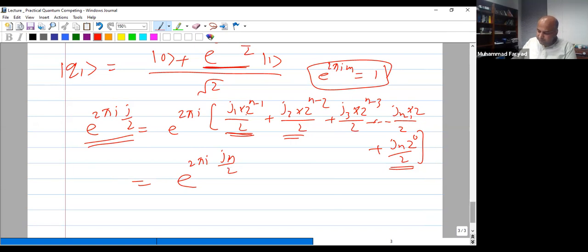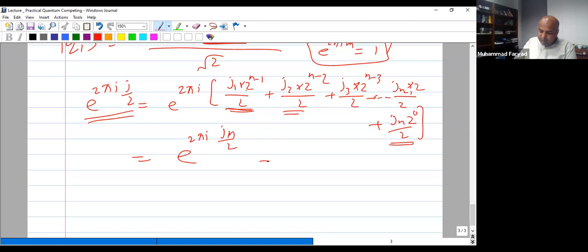And this, by the way, will be equal to 0 if jn is equal to 0, and if jn is 1, this 2 goes with 2. So I have exponential pi iota, which is, sorry, this would be equal to 1 when jn is 0, and this will be equal to minus 1 when jn is 1.